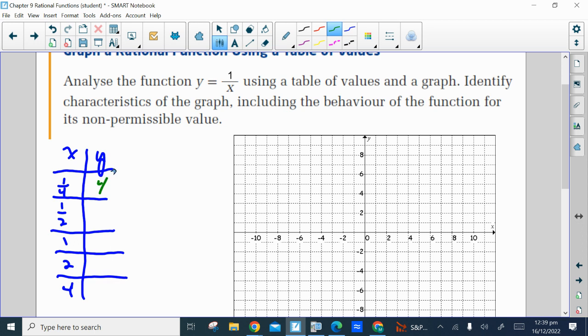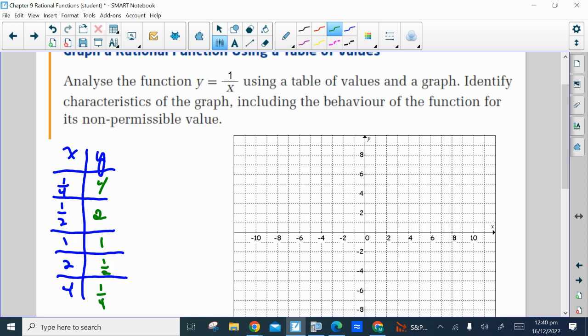When x is a quarter, y is positive 4. When x is a half, 1 divided by a half is the same as 1 times 2 over 1. That gives us positive 2. When x is 1, 1 over 1 is 1. When x is 2, 1 over 2 is a half. And when x is 4, 1 over 4 is a quarter.